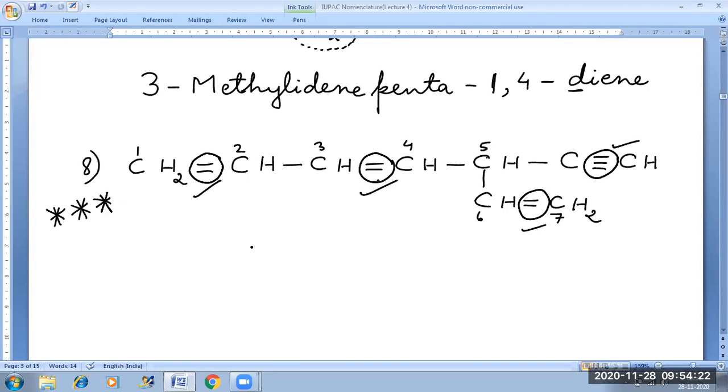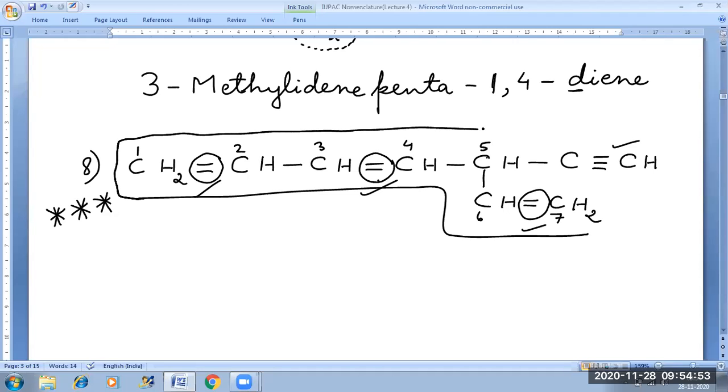I repeat, if I am able to include the same number of multiple bonds in the longest chain, then I'm supposed to choose that chain which has the largest number of double bonds. So the chain which has the largest number of double bonds will be chosen as the main chain, and hence my main chain will be this. So this is the main chain.